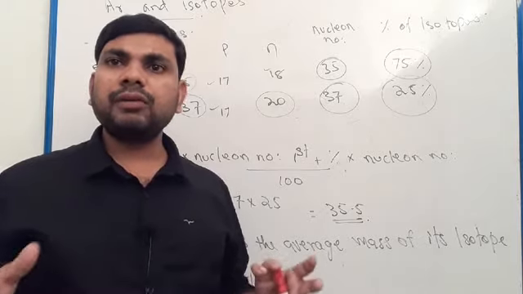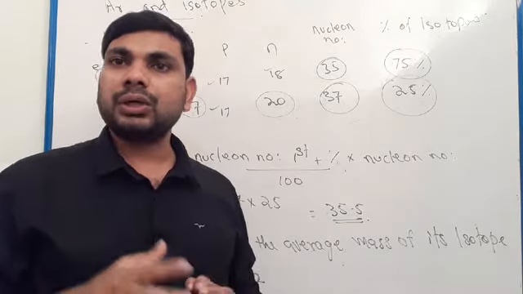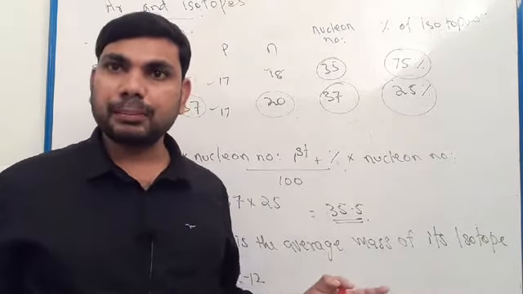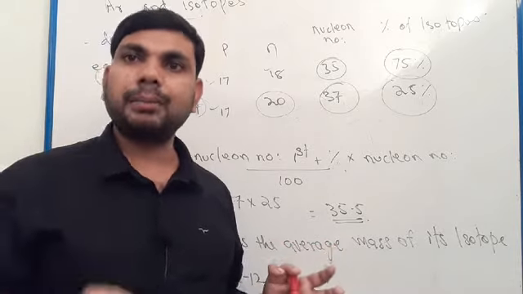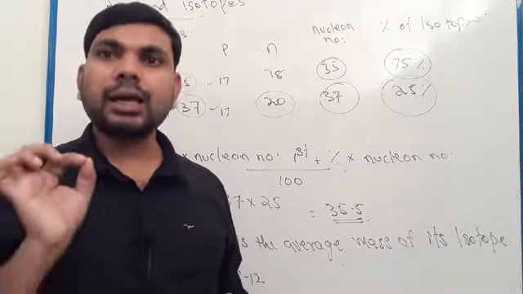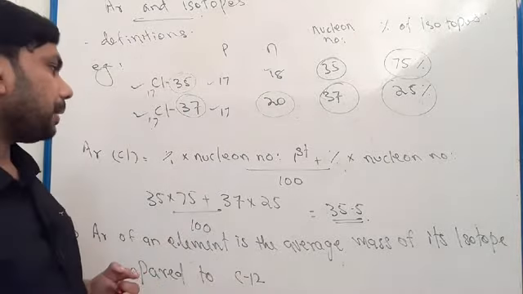So how can you get this atomic mass? One element exists in different forms with different masses, so you want to get one atomic mass out of all these isotopes. Look here at how to get this atomic mass.